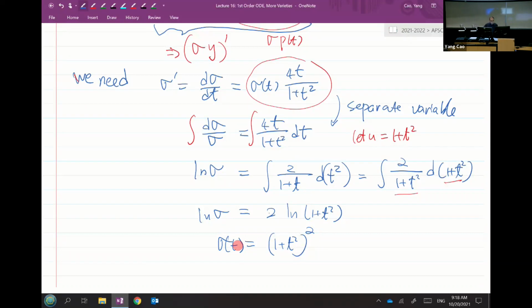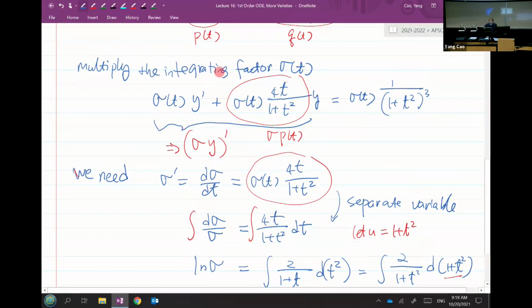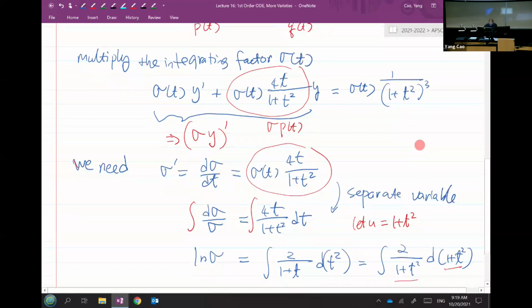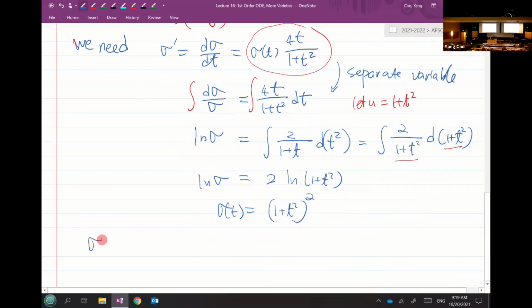And I always encourage you to verify. So remember that the purpose of this step here is to find an appropriate sigma function so that your whole left side can be written as sigma y prime. So if you're not too sure whether you get the right sigma or not, which is also very good to verify, just multiply the sigma with your y and then take the derivative of that using the product rule.